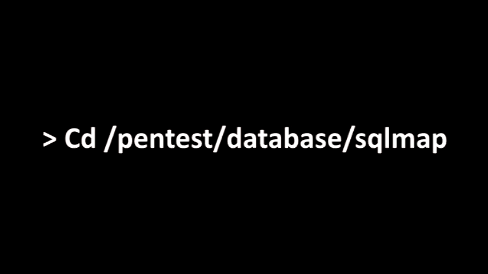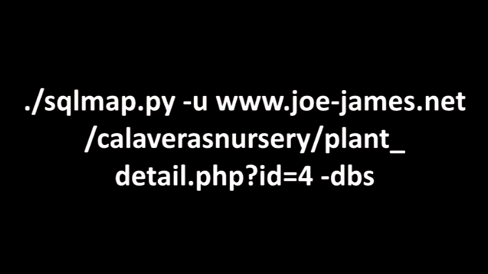Now that was pretty easy, but there are also tools in Backtrack that make it even easier to crack into a website. So let's go into Backtrack and type cd /pentest/database/sqlmap. Then type in this command, and this will give you a list of the databases that are available on this website. Next, type in this command.